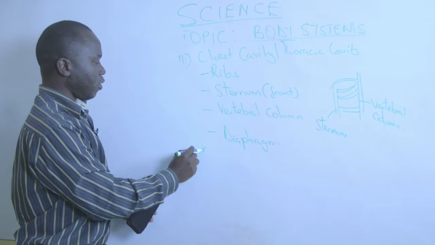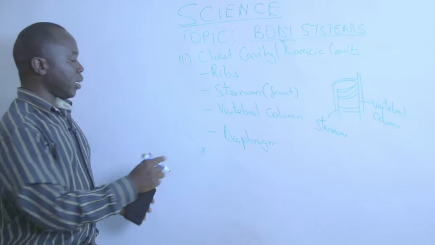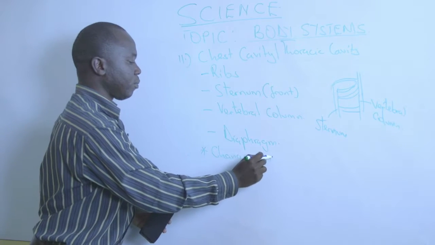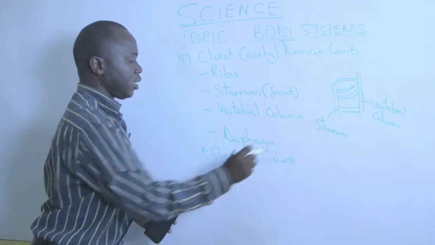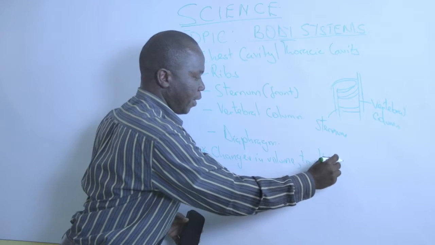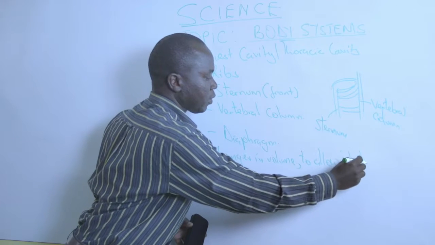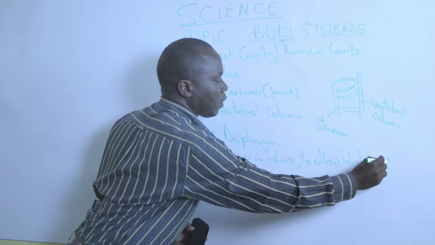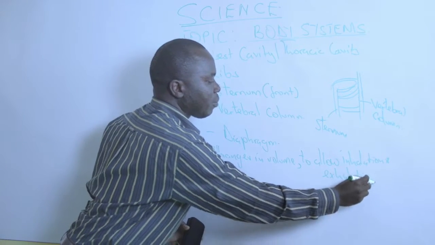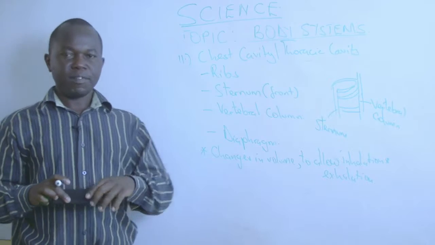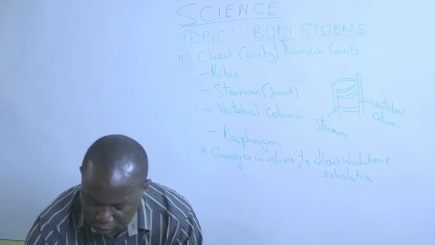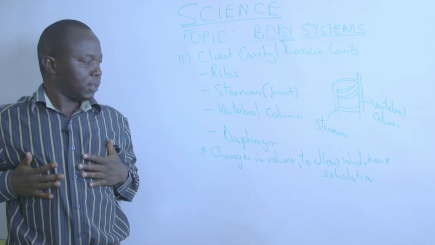So what is the role of the chest cavity? The chest cavity usually changes in volume to allow inhalation and exhalation. We can demonstrate this together. If you are somewhere, you can stand in that room and just hold your ribs.